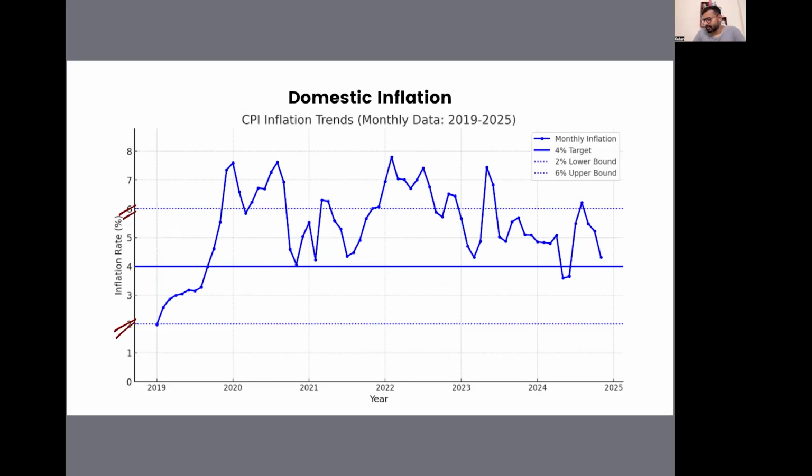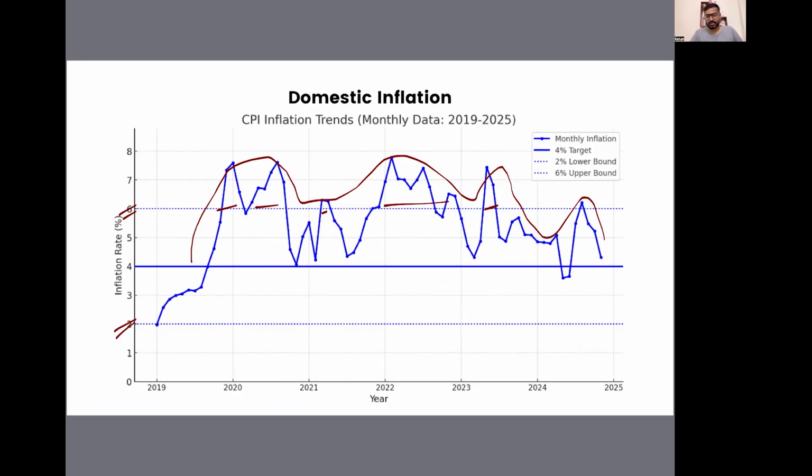Now, as you can see from the trends since 2019, most of this period we have experienced inflation which is slightly higher than 4%. And at various points, we have also surpassed 6% inflation, and this is where we are not comfortable with our inflation being higher than 6%, and during these times RBI would generally increase the interest rates to bring down the domestic inflation.